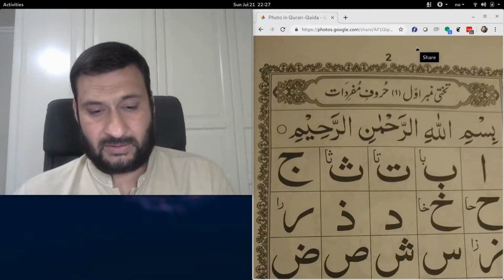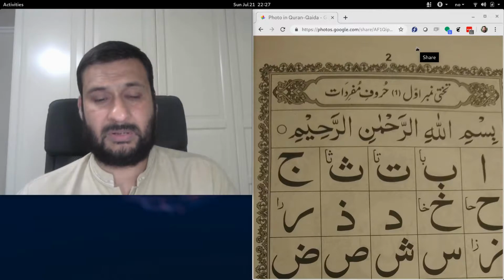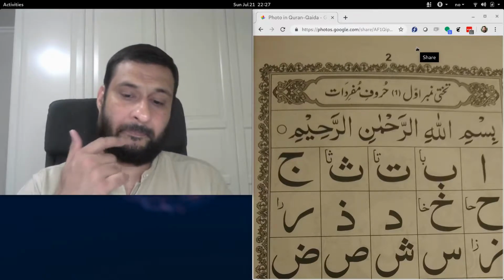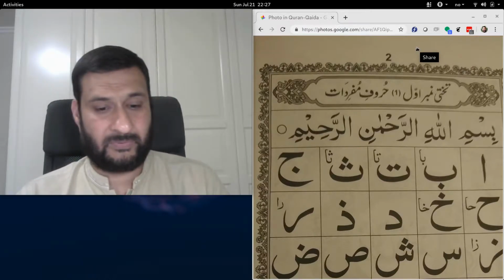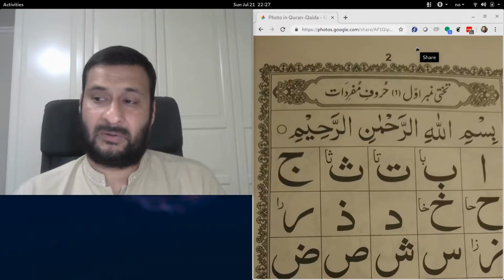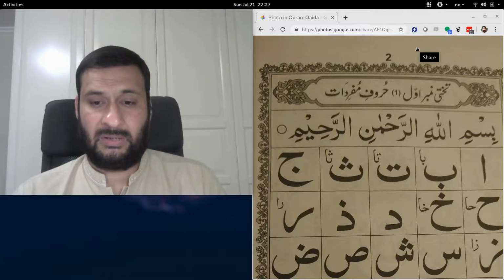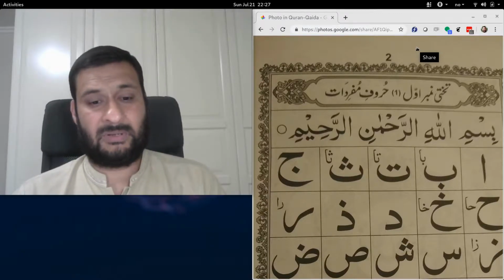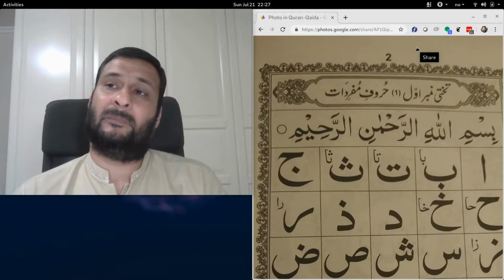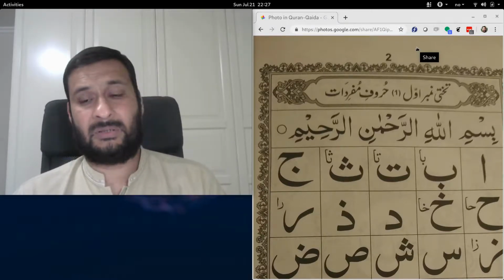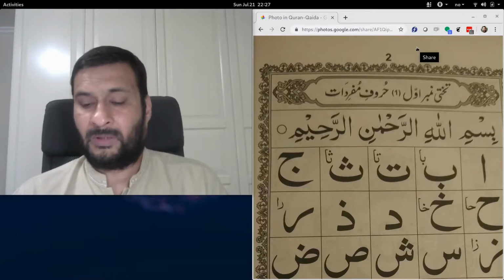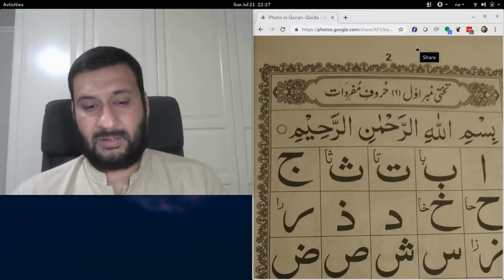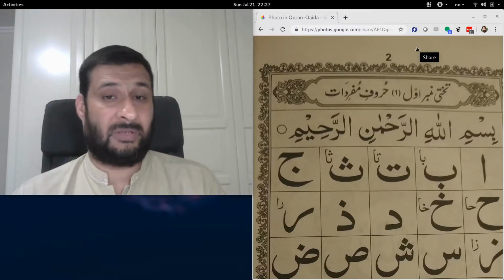Some of the facts about the Arabic language: the first one is that it is the language of Quran and the language of Muslims in general. It is also the language of many non-Muslims living in the Arab region. Arab Christians speak Arabic, Arab Jews speak Arabic, and so on. The second thing is that this language is written from right to left.